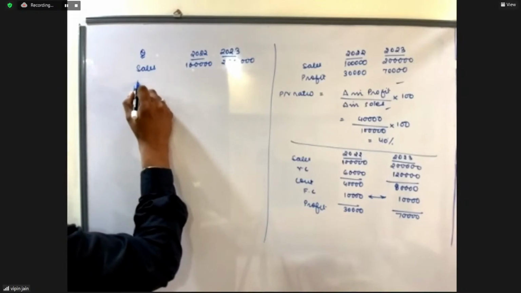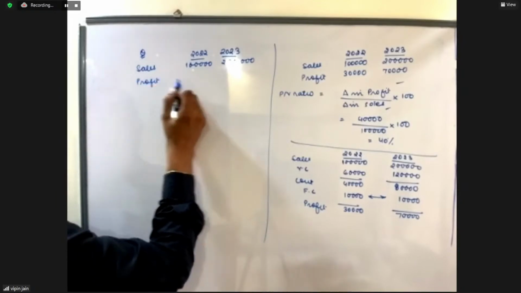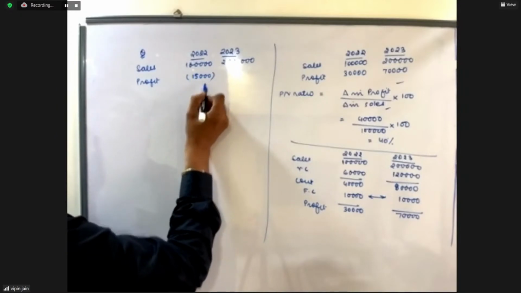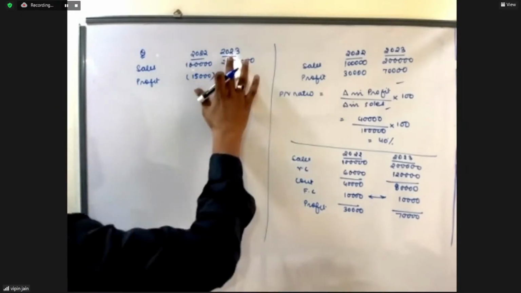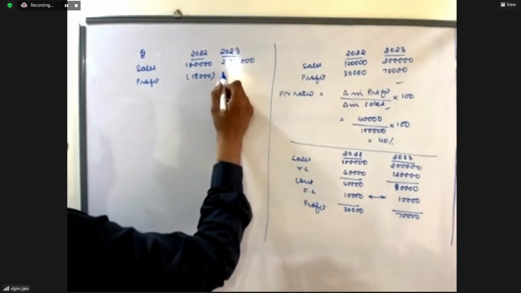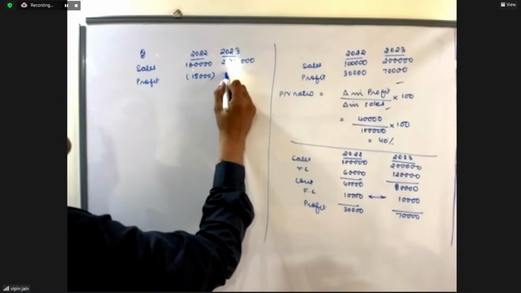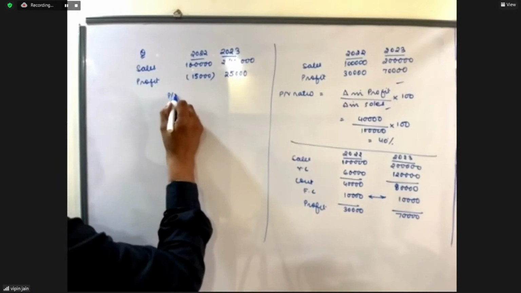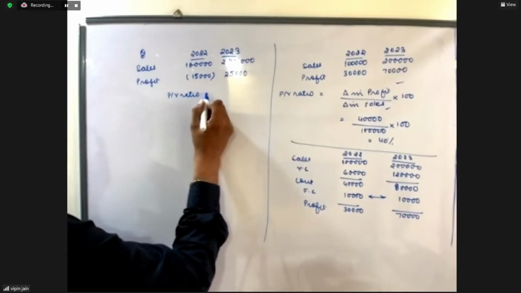Further, my profit is 15,000 and 25,000. You have to calculate PV ratio.